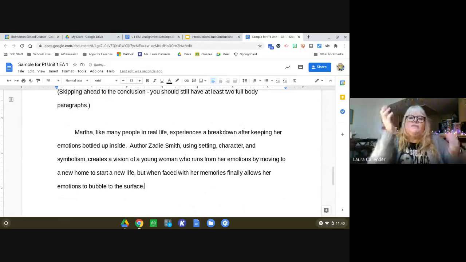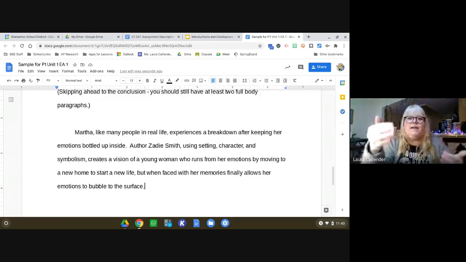All right, so that's what it means. So it means that because she was running, setting, and because she was trying to start a new life, character, she wanted something more. And I might have said by moving to a new home because she wanted something more, that might even express her desires or her character better.